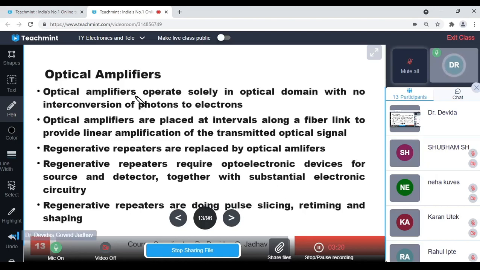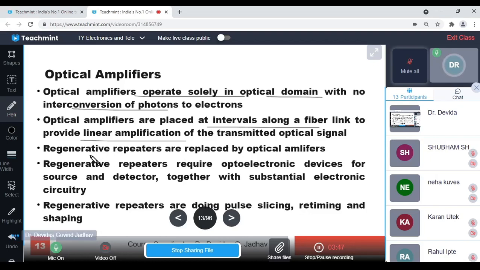Then optical amplifiers operate solely in the optical domain with no interconversion of photons and electrons. Optical amplifiers are placed at intervals along the fiber link to provide linear amplification of the transmitted optical signal.